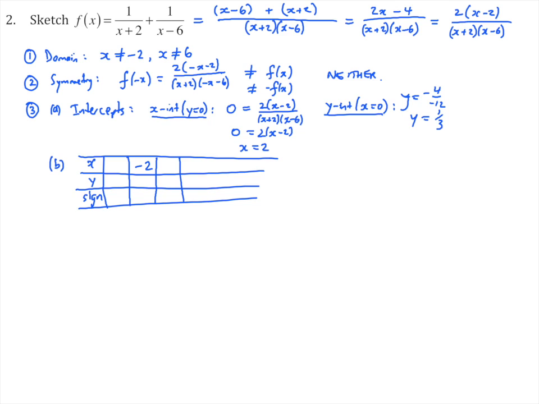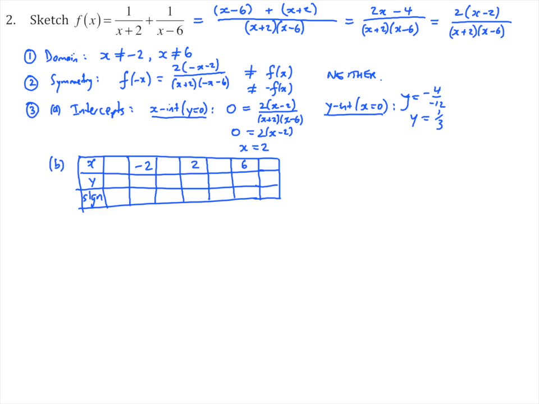It's actually going to be my vertical asymptote. Next one I'm interested in is going to be plus 2. I'm interested in plus 6, and I'm interested in numbers either side of all of those. So I've got a number either side of this domain restriction, a number either side of this domain restriction, a number either side of my x-intercept, and they're in order from left to right according to my number line.